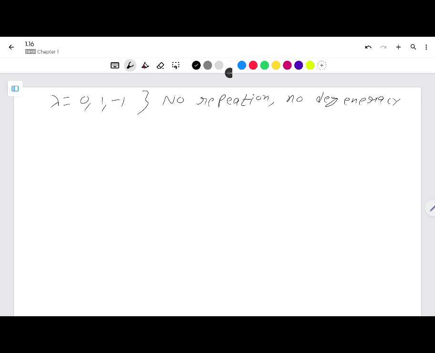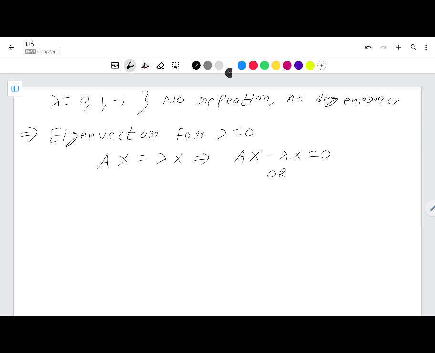Fine. We need to find the eigenvectors. How do we find the eigenvectors? We need to look at the vectors which satisfy this, which is basically A x minus lambda x equals to 0.